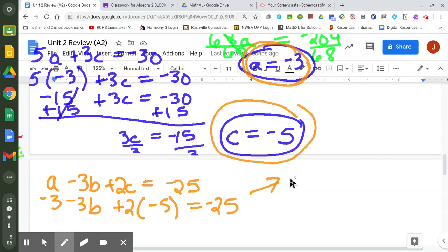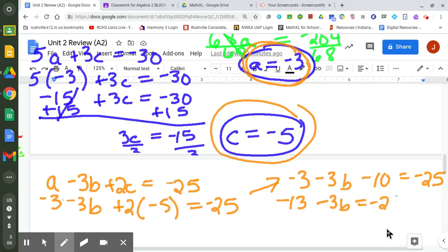So I've got negative 3 minus 3b minus 10 equals negative 25. I can put the negative 3 and the negative 10 together and get negative 13 minus 3b equals negative 25. Add 13 on both sides of the equal sign.